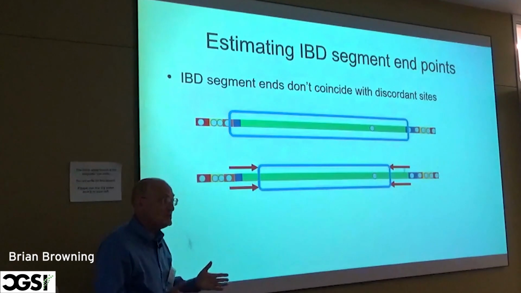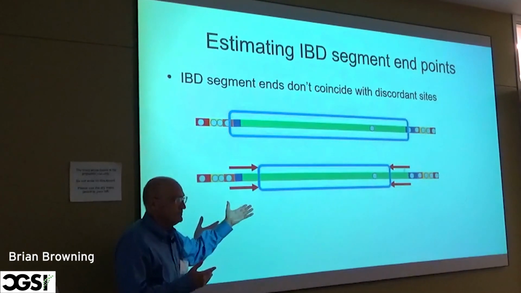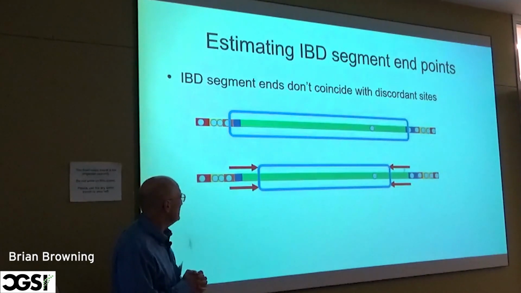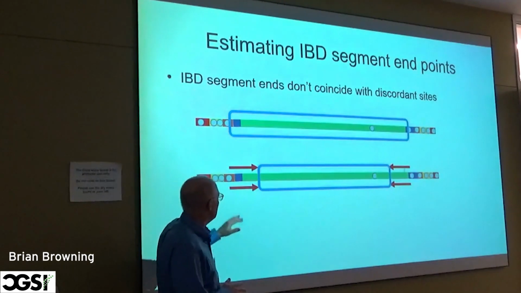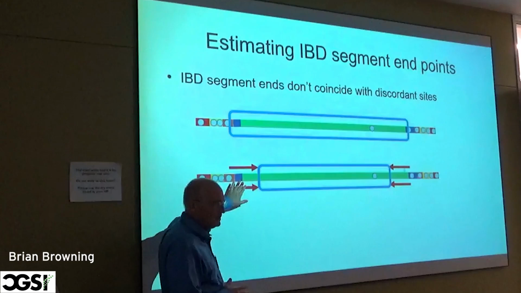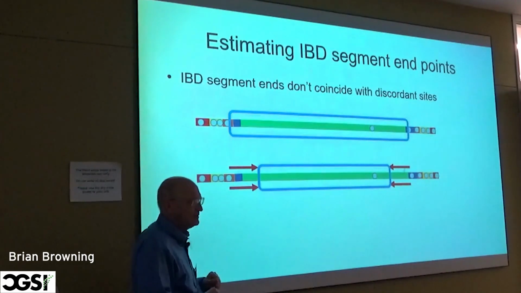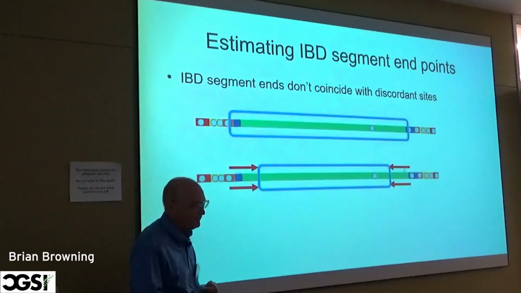So if you're in a situation where the false positives are deadly, you trim. And in the analyses I've been a part of with outbred populations, when we needed to control false positives, a half centimorgan trim, which on average is maybe half a megabase, 500,000 bases, seems to work pretty well.